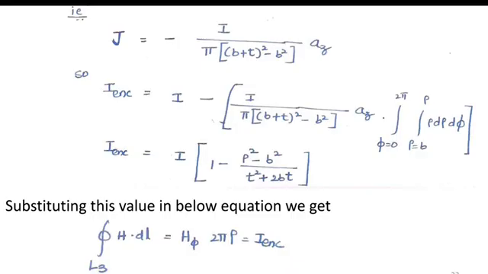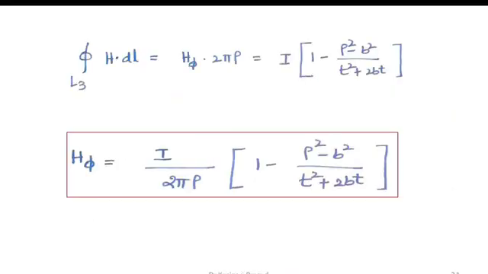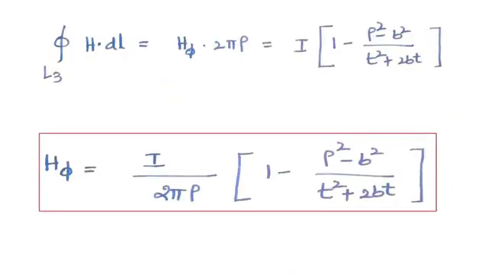That value gives I enclosed equal to I into 1 minus rho square minus b square divided by t square plus 2bt. Substituting this value in the above equation, the closed integral over L3 of H dot dl is H phi 2 pi rho, that is I enclosed. We get H phi equal to I divided by 2 pi rho, times 1 minus rho square minus b square divided by t square plus 2bt.